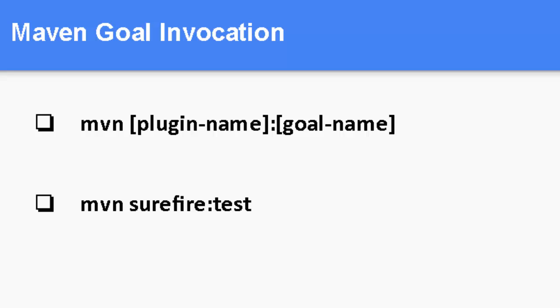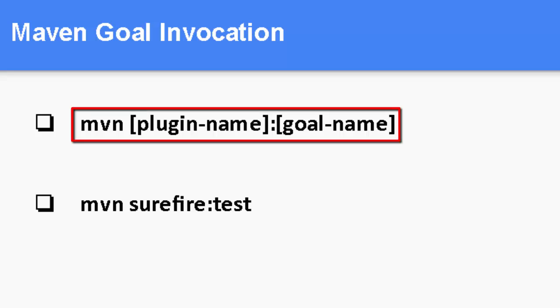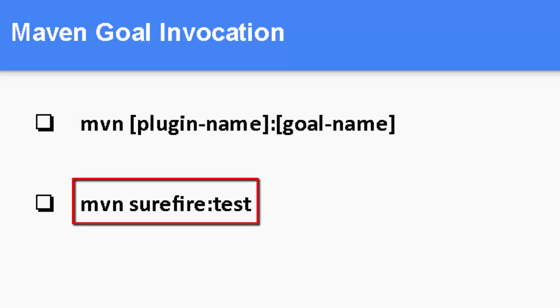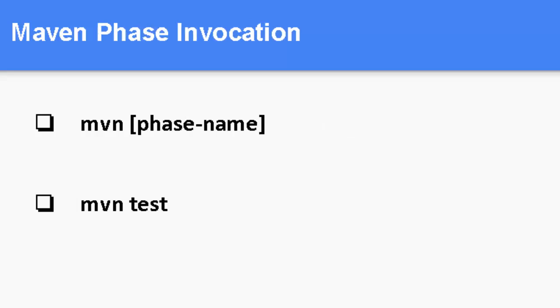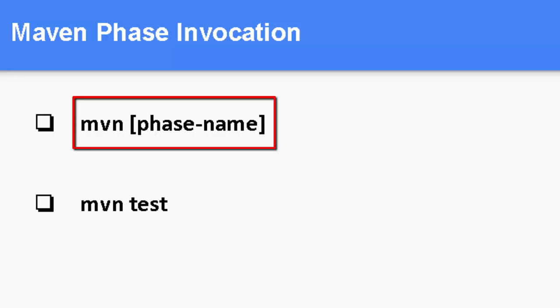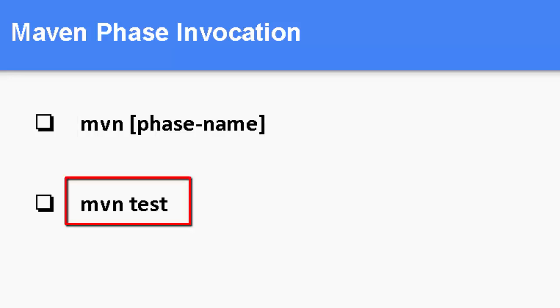Say there is the Maven test phase and there is a test goal also. If you want to invoke only the goal, the syntax would be mvn plugin name colon goal name. So for the surefire plugin and the test goal, you have to write mvn surefire:test. If you recall, for a phase, it would be mvn phase name. So if it is test, it would be only mvn test.